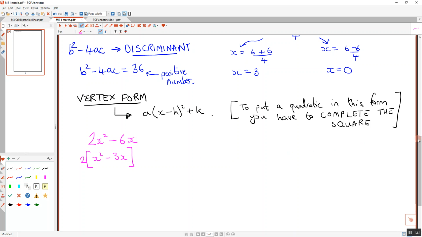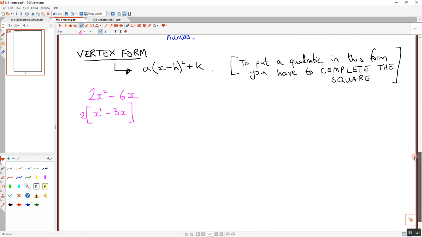We just factorize out the 2. I'm going to keep writing it down, but I'm going to ignore it for the rest of the procedure.